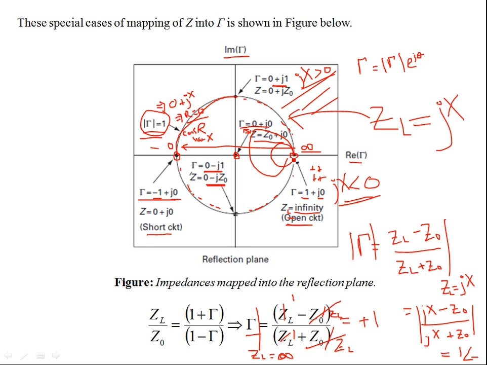It's going to grow like this, and then it goes like this. So the maximum is the gamma equal to 1 circle.